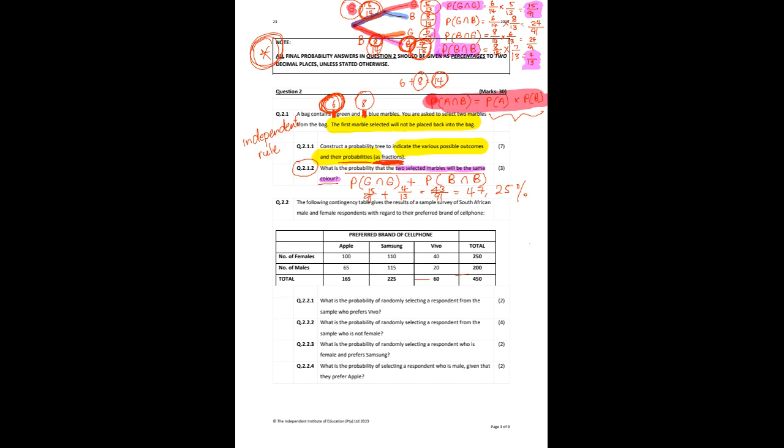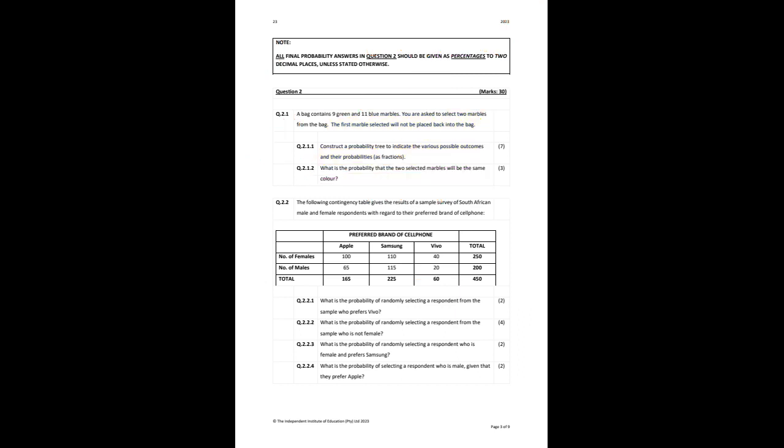So I was saying that question 2.2 here is based on your contingency tables, your basic probability calculations. These are incorporating all of your general rules in terms of your type of probability. So you have your independent rule, your dependent rule, your mutually exclusive, your non-mutually exclusive, and so on. The list goes on. So here, it's a pretty straightforward question.